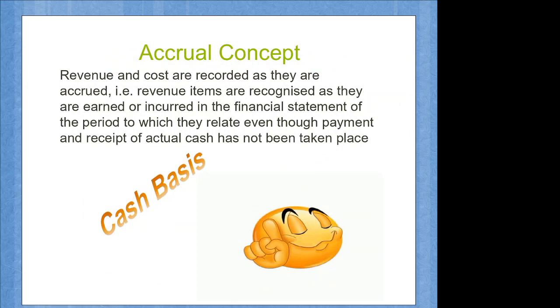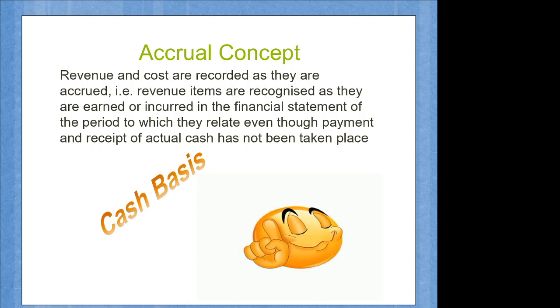What is the accrual concept? Accrual means that as and when there is significant assurance that revenue is earned or cost is incurred, it is recorded in the books of accounts. Revenue items are recognized as they are earned or incurred in the financial statements for the period to which they relate. Say, for example, we have sublet a part of our office premises.